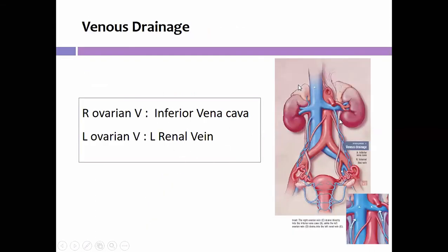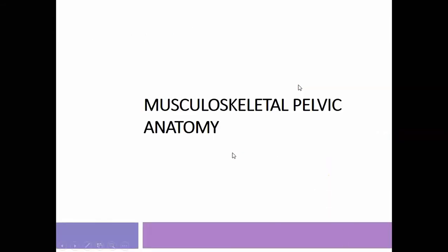Now, venous drainage from the ovary: the right ovarian vein will drain directly to the inferior vena cava, while the left ovarian vein will drain first to the left renal vein, then going to the vena cava.